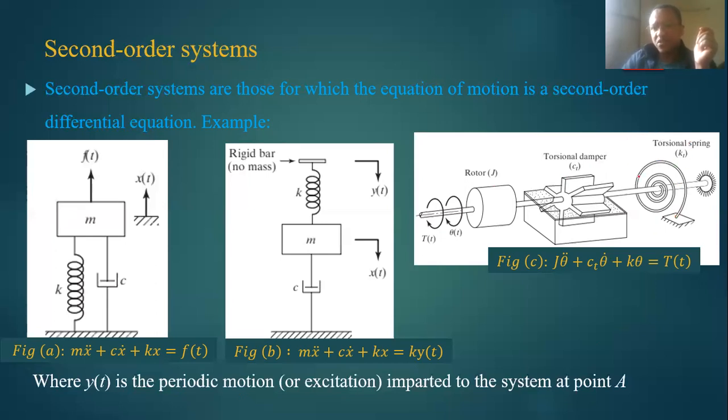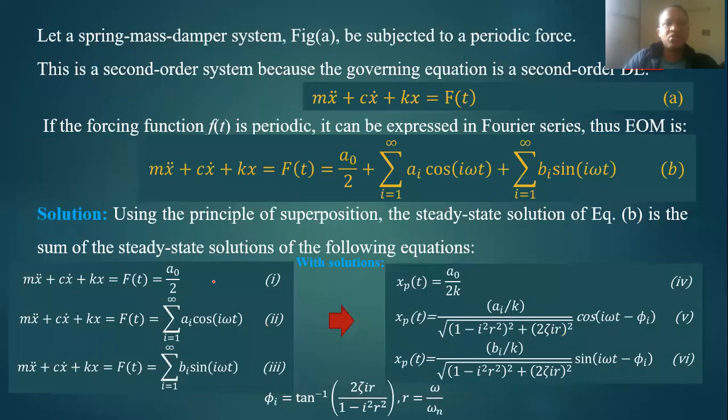So this is a torsional spring, with a torsional fluid medium here, and torque is applied here, and the rotational deflection theta of t is there. The general equation is J theta double dot plus CT theta dot plus KT theta equals T of t. This is second order because we have this term. So let's now consider this second order system and perform some activities.